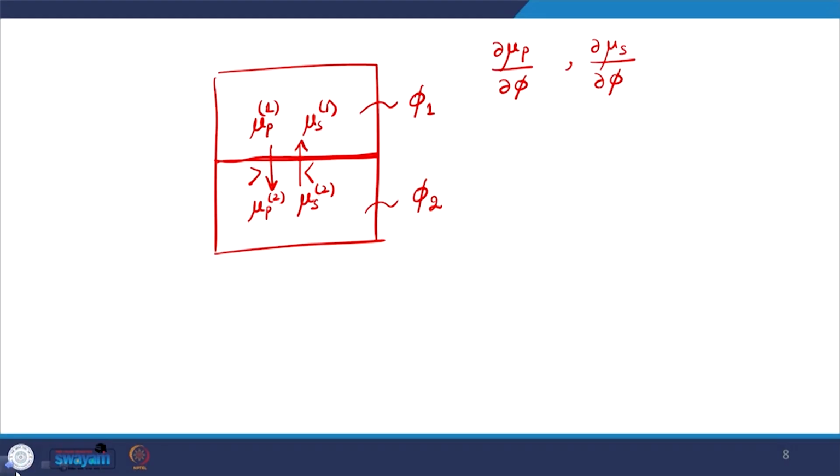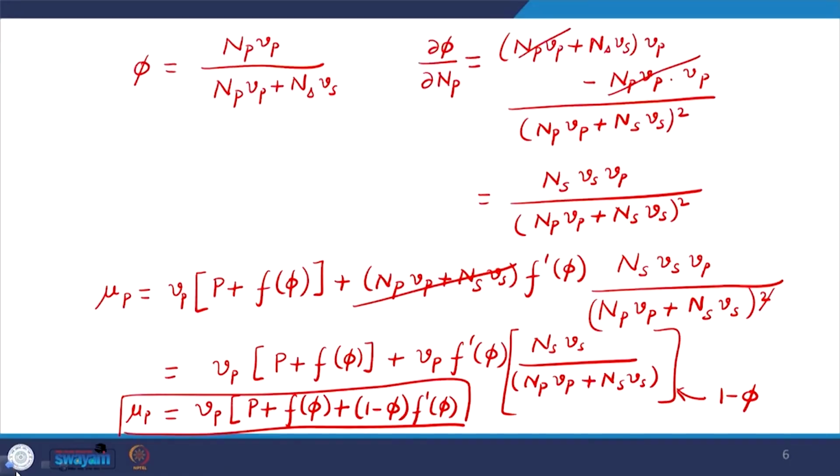So, let us start with the expressions that we had obtained for mu p and mu s and find these gradients, right. So, let us start with the first one.